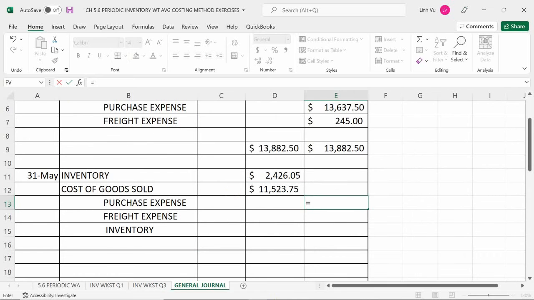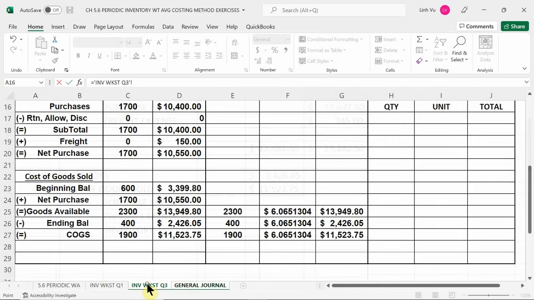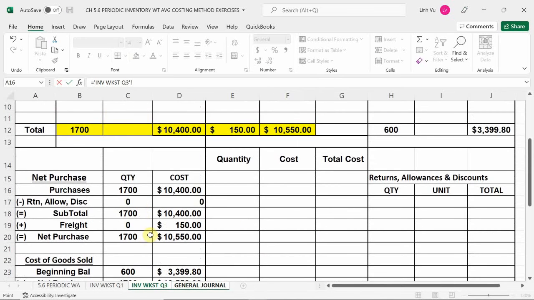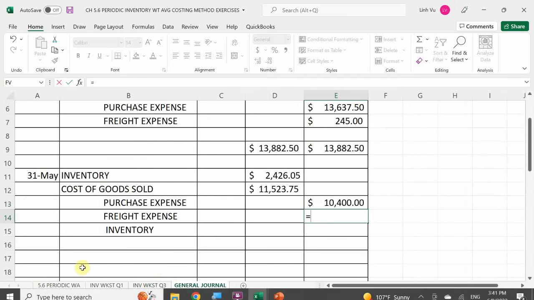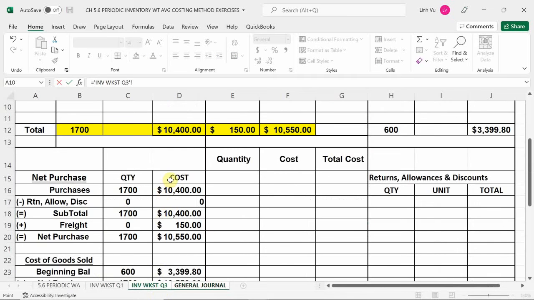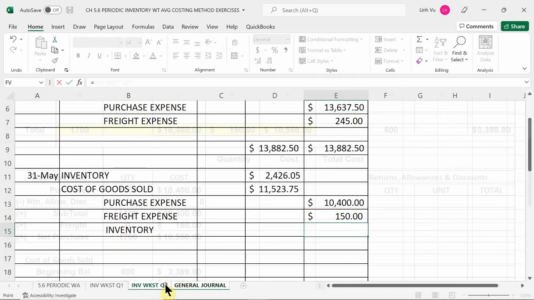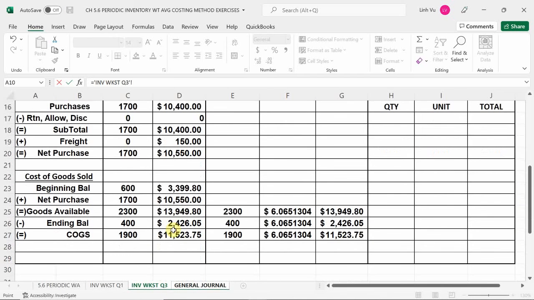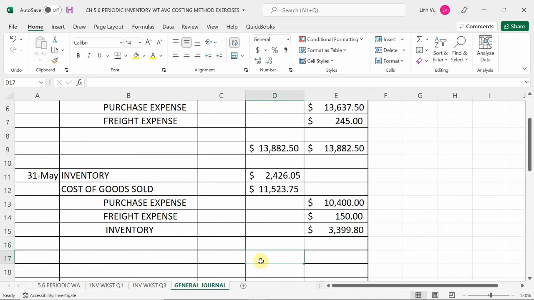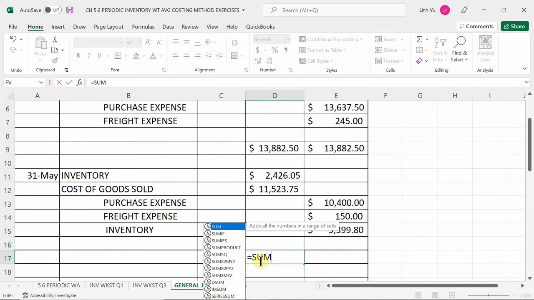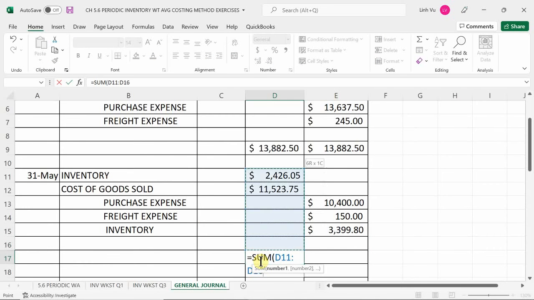What was my total purchase price? 10,400. What was my total freight? 150. And last but not least, what was the total value of my beginning inventory? 3,399.80. Good.